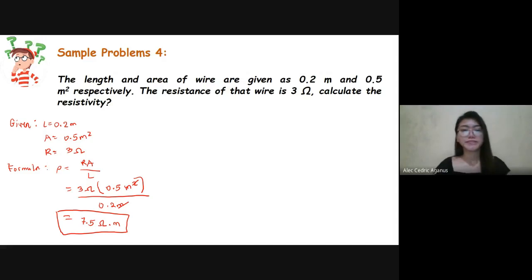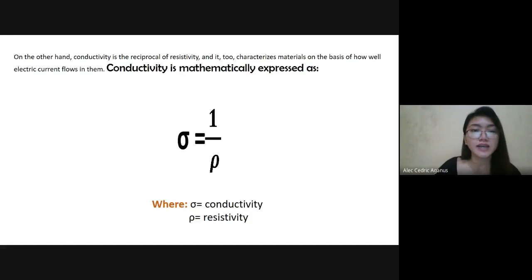Next we have the conductivity. Conductivity is the reciprocal of resistivity, and it too characterizes materials on the basis of how well electric current flows in them. Conductivity is mathematically expressed as sigma.